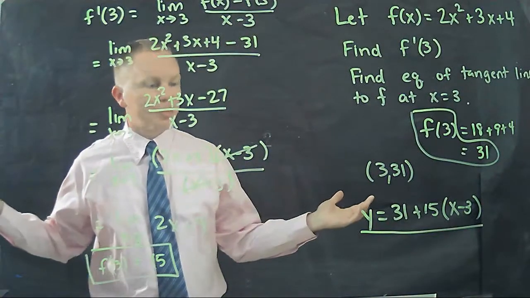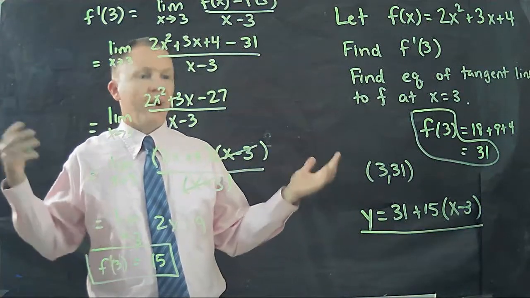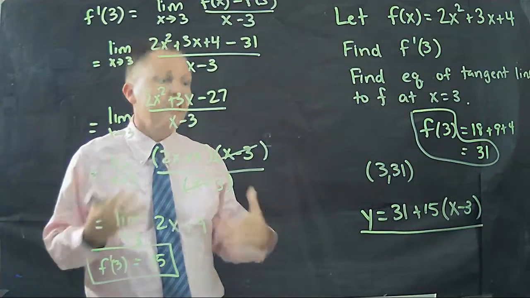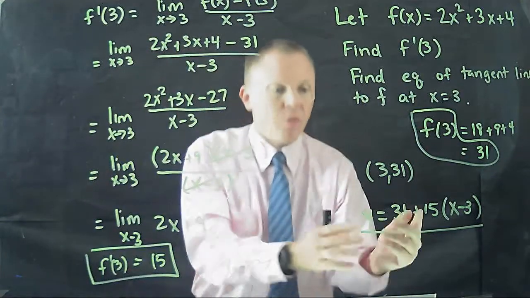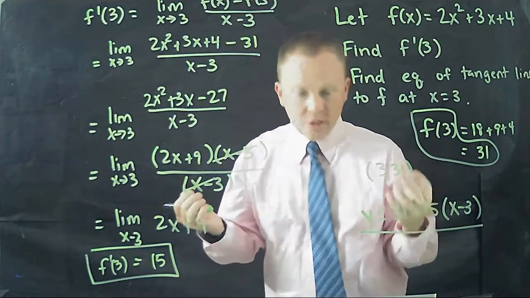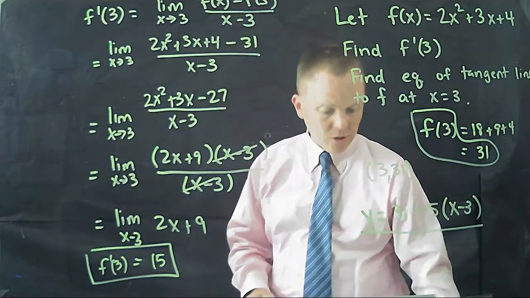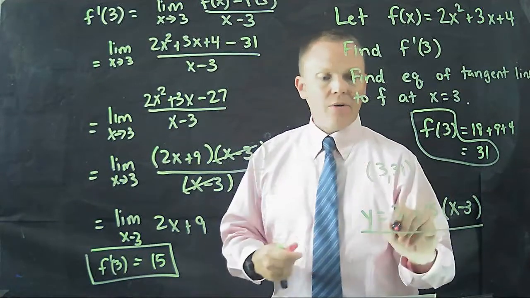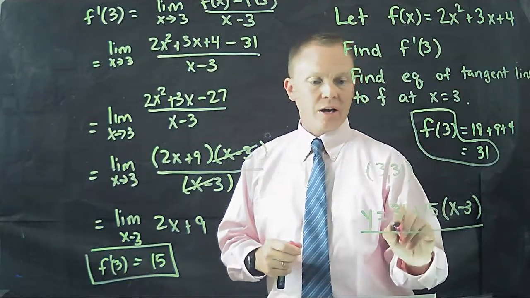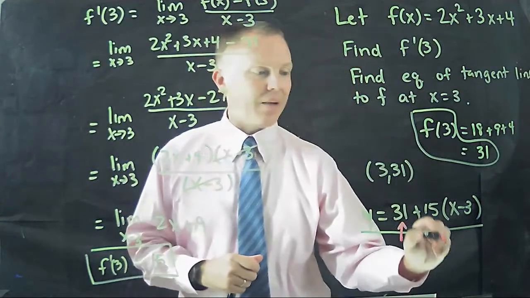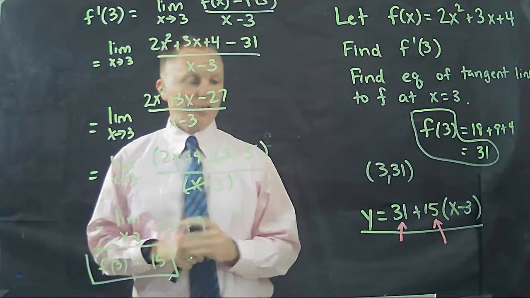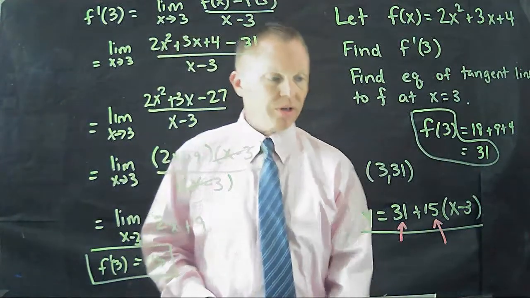There's no reason to put that in slope-intercept form, like y equals mx plus b. In fact, I think this equation tells more of the story, because this tells me right now at x equals 3, I'm sitting at 31, and I'm changing that fast. Okay? Tells me the story.